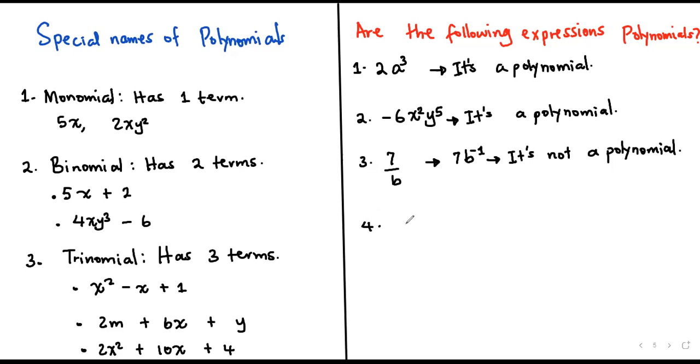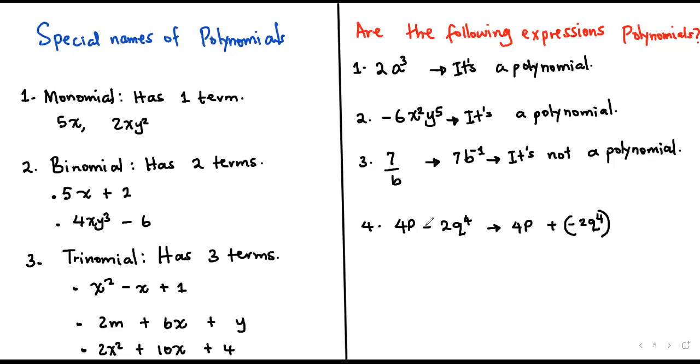Okay. Let's have another one. If we have 4p minus 2q to the power of 4. This one already we can see that it can be written as addition of monomials if we write this as 4p plus minus 2q to the power of 4. So you see, that is okay.